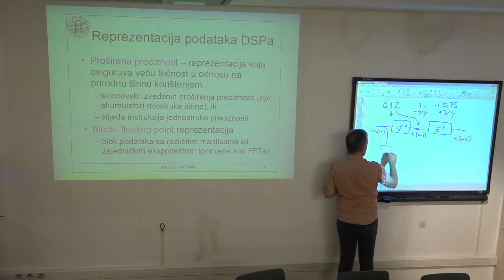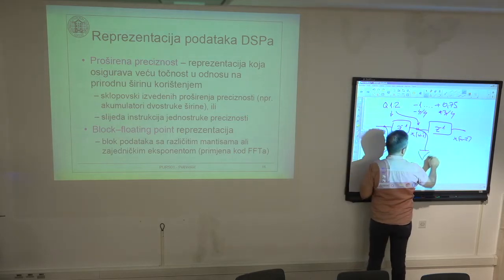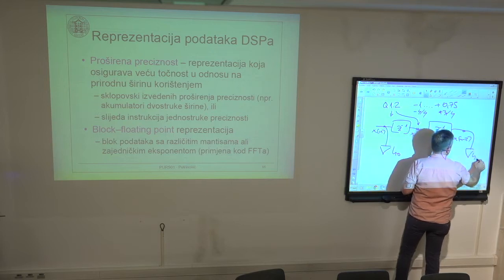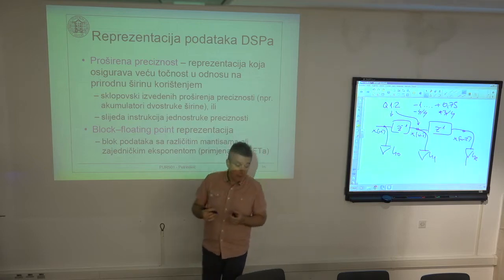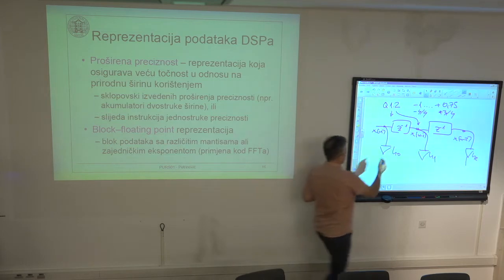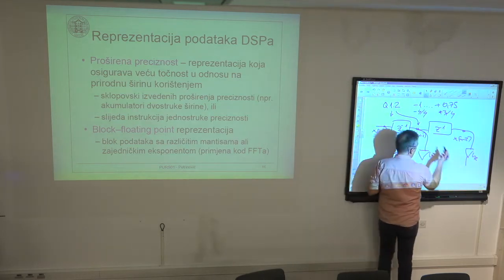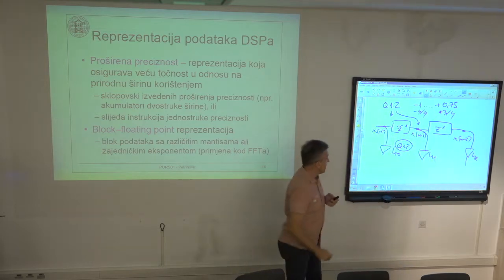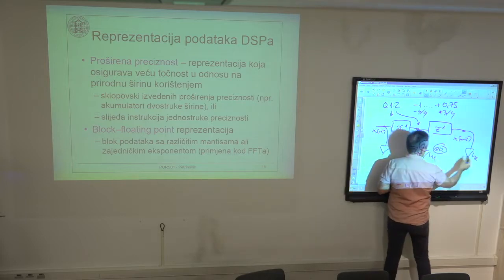This is H0, here is coefficient H1, and this one is coefficient H2. These coefficients are also represented as fractional numbers. So H0 is also a Q1.2 value, some value in the range -1 to plus 0.75. The same is for H1, and the same for H2.